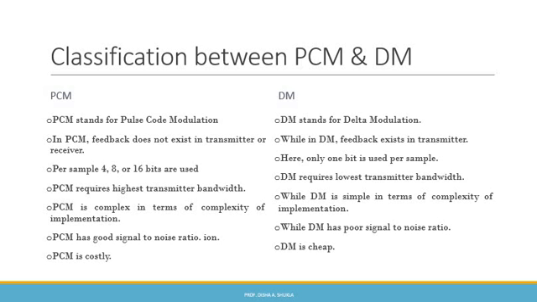PCM requires the highest transmitter bandwidth, whereas DM requires the lowest. PCM is complex in implementation, while DM is simple. PCM has a good signal to noise ratio, whereas DM has a poor signal to noise ratio. PCM is costly and DM is cheap.